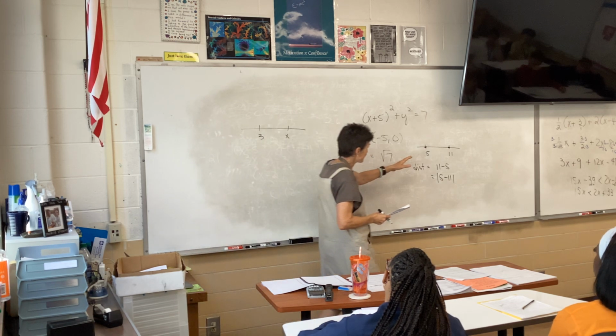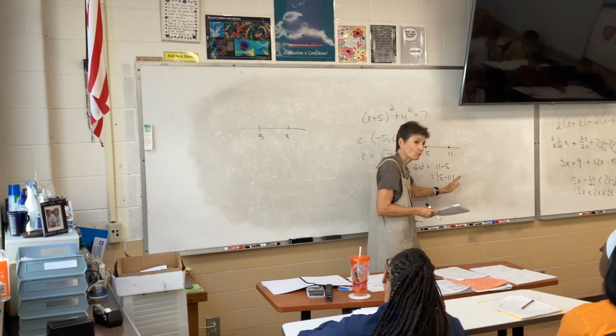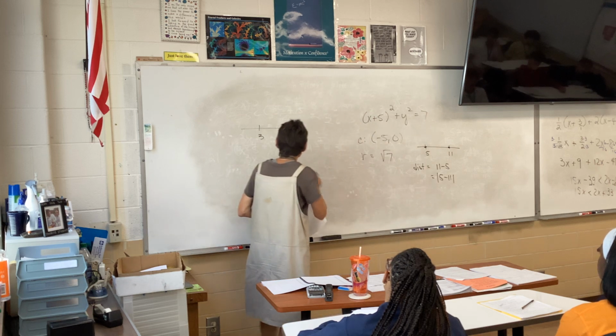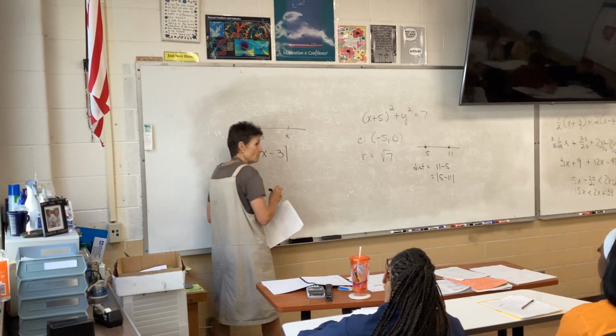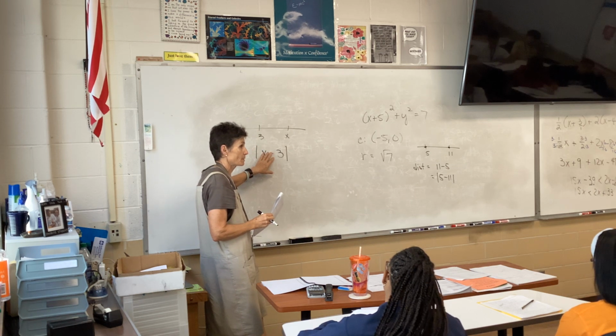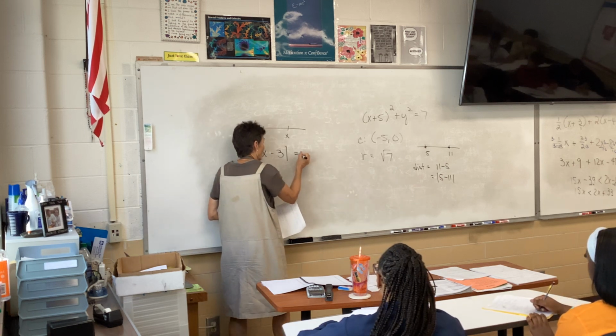We said the distance between these was the absolute value of the subtraction. So this distance will be the absolute value of the subtraction, and we want that to equal 8.